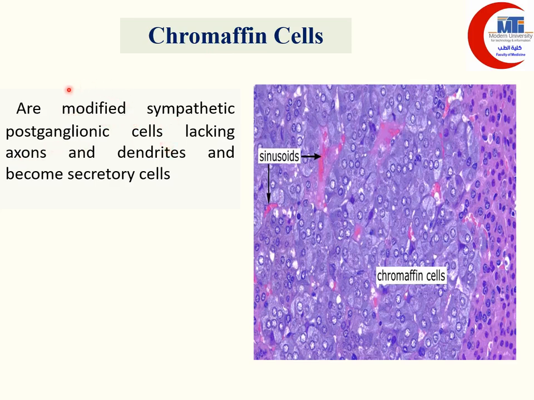Why is it called modified, why is it called sympathetic, and why is it called post-ganglionic? It's called modified sympathetic as it lacks axons and dendrites, and becomes a secretory cell to secrete epinephrine and norepinephrine. It's not like any nerve cell.